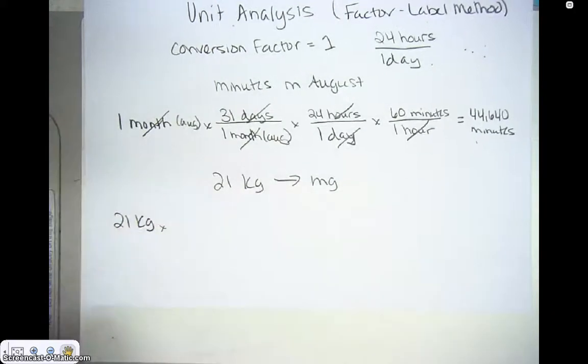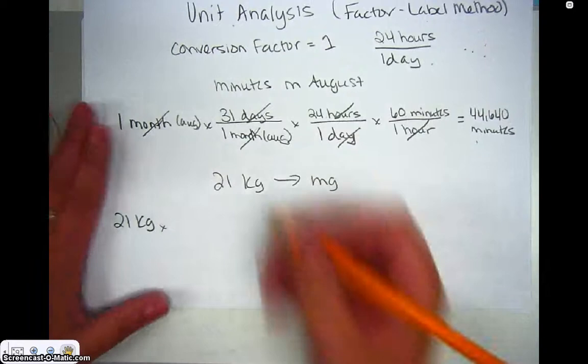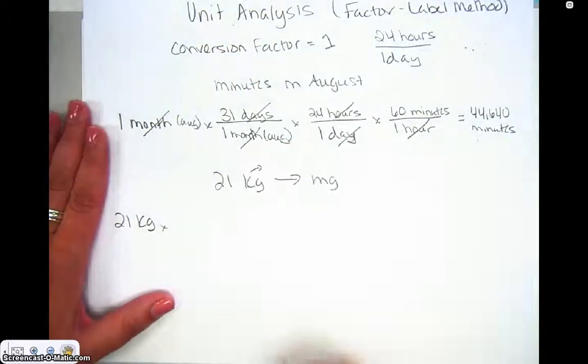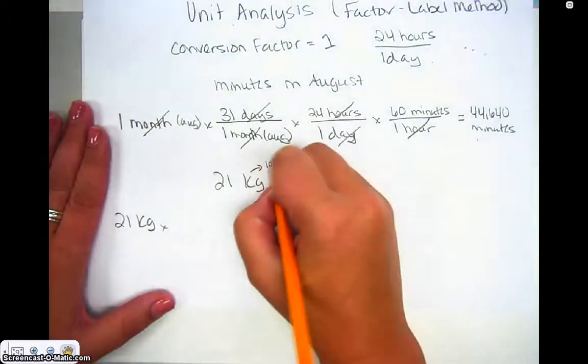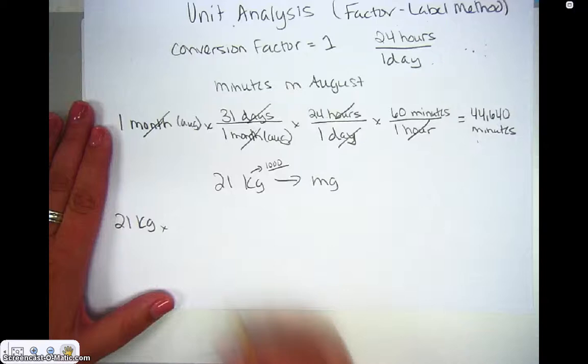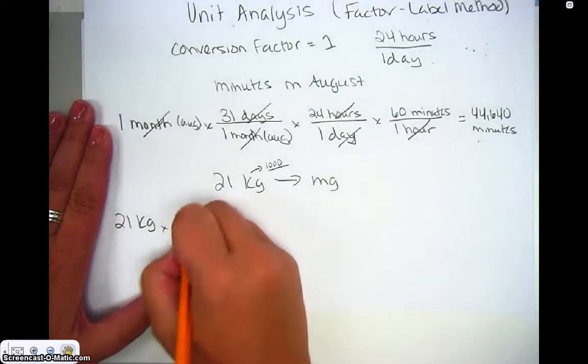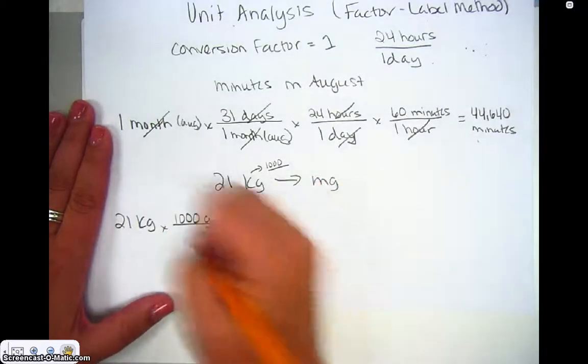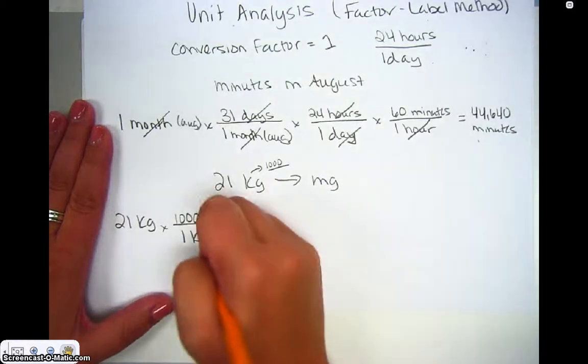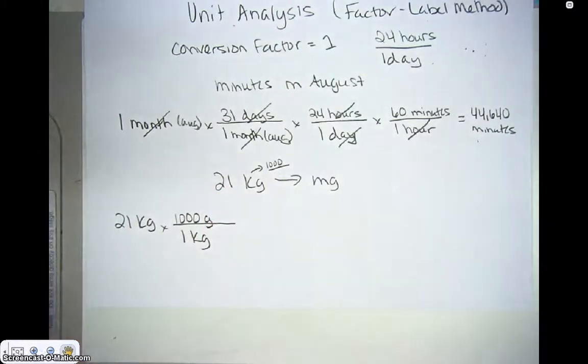The first step is to go from kilograms to grams, because I know that kilo means 1,000. So I would say there are 1,000 grams in every 1 kilogram. That gives me one step.